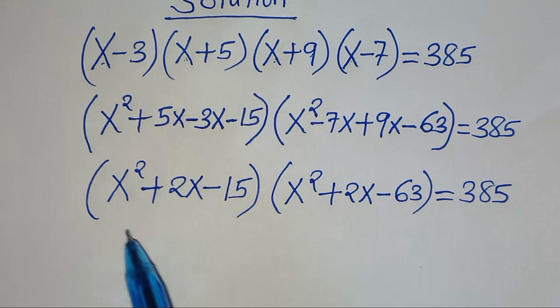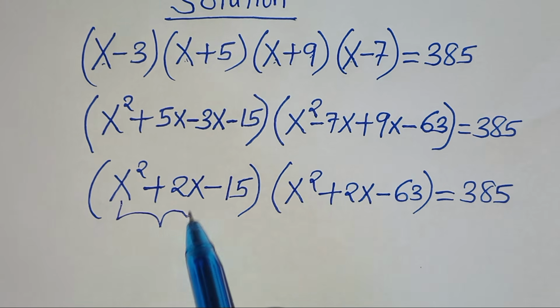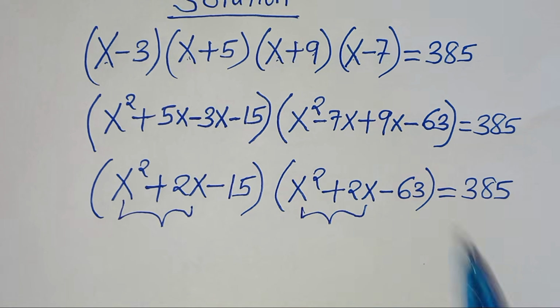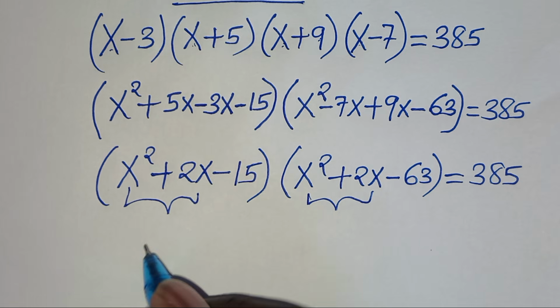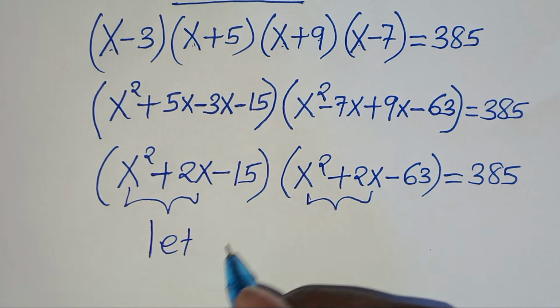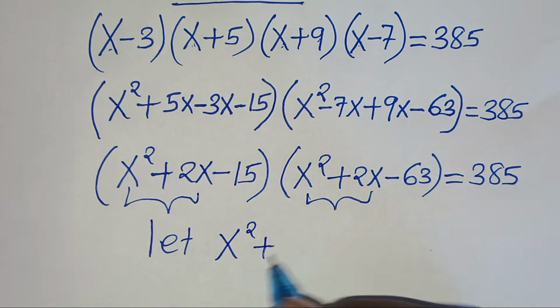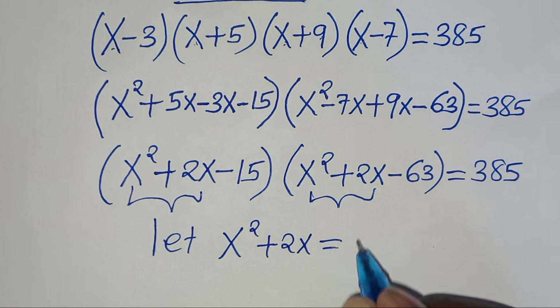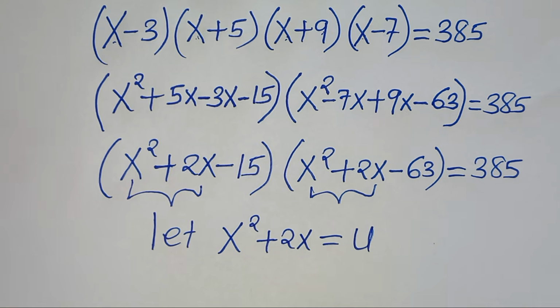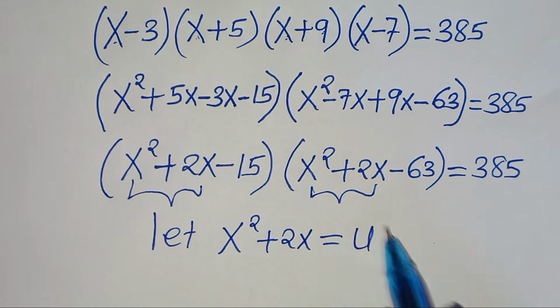The next step is that we have x squared plus 2x is common here. So what we do is that we let x to the power of 2 plus 2x be equal to u. So let's express this equation in terms of u.